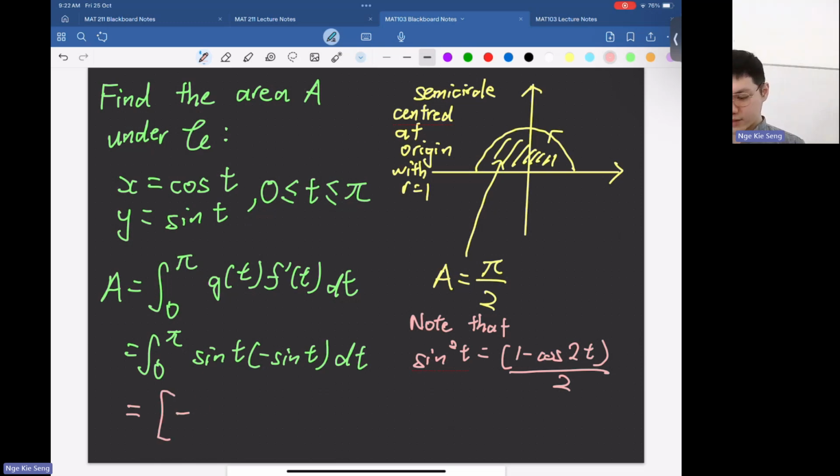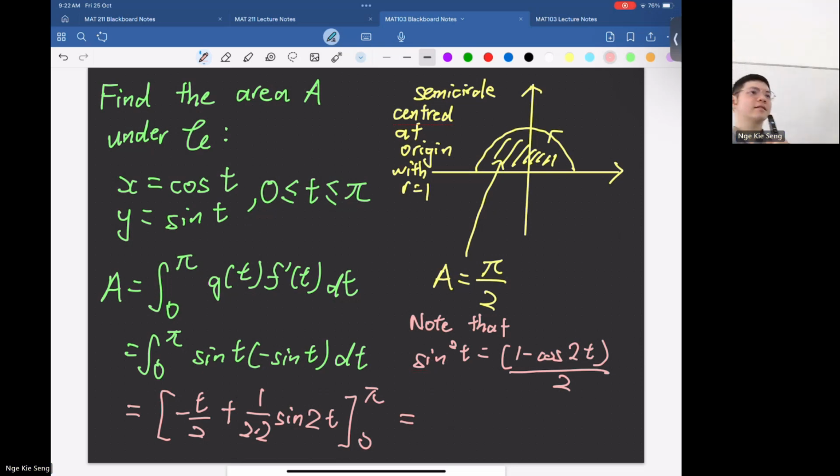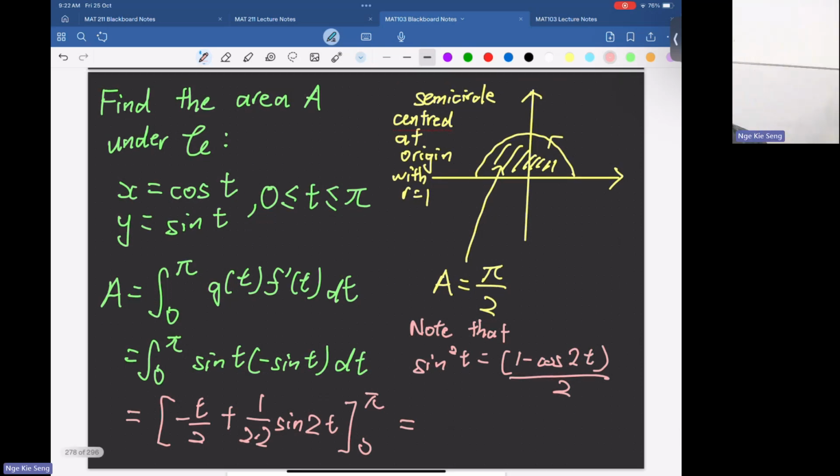So if you integrate further, you should get negative t over 2 plus 1 over 2 times 2 sine 2t, integrate from 0 to pi. What do you get? Minus pi over 2, eh?